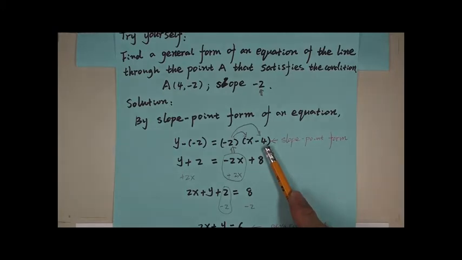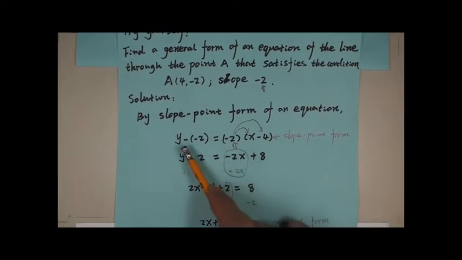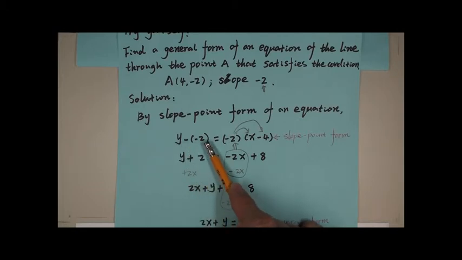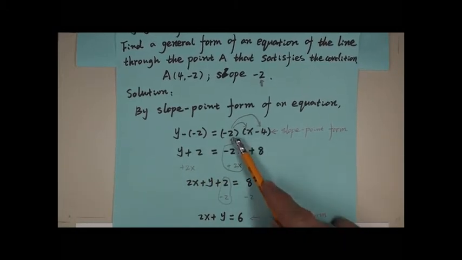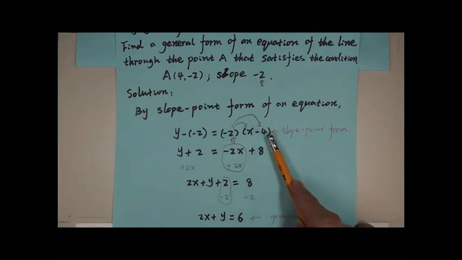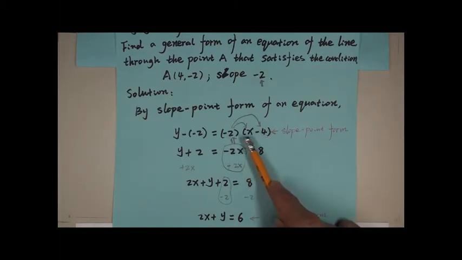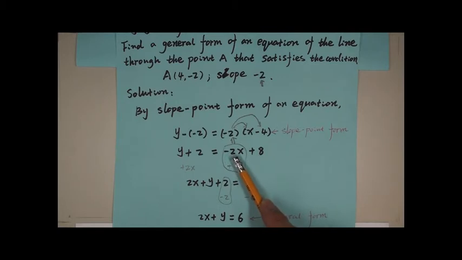This case is positive, so put it here, x minus +4. Okay, now y minus a negative number, negative is positive. -2 times each thing inside. -2 times x is -2x. -2 times -4 is +8.